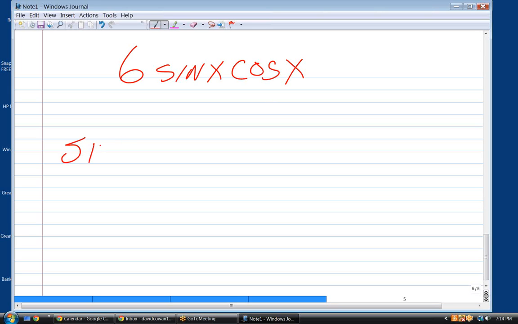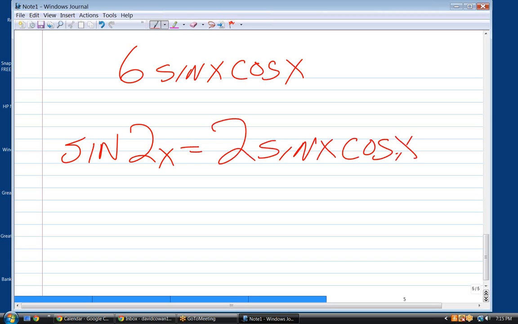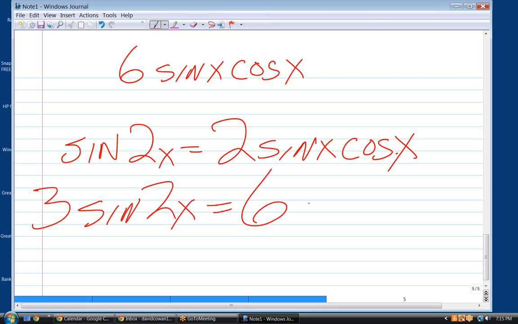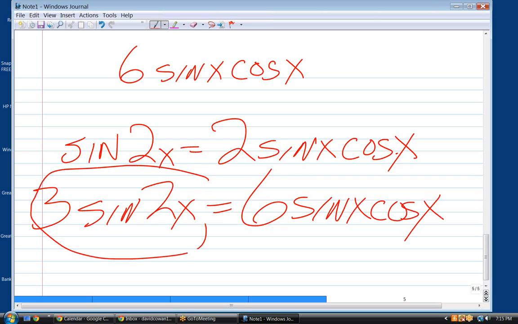So if I multiply both sides by 3, I presume that's what they're looking for. Yeah, it seems like it.